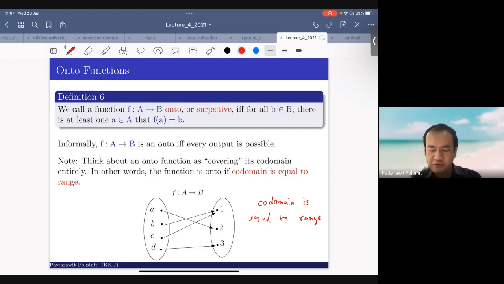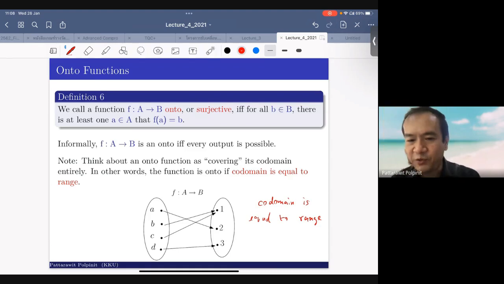Why is it equal to range? If you remember, when we say codomain, it's the set of possible outcomes for this function, right? But when we say range, it's the set of all members that actually got a match from some members in the domain, right?